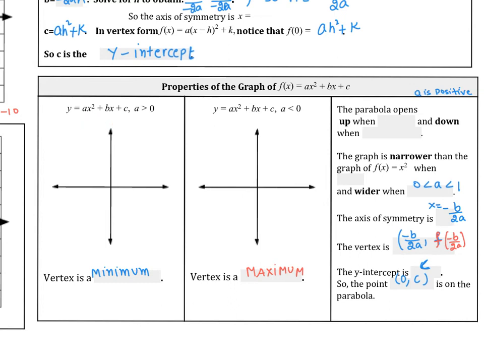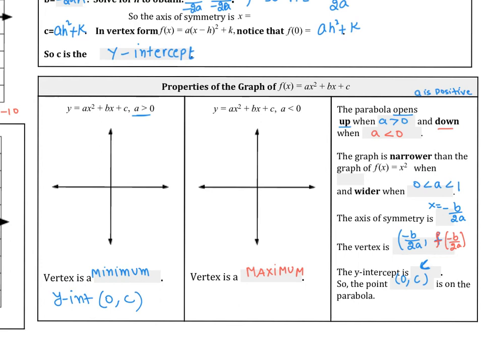If a is positive, the parabola opens up, and if a is negative, it opens down. In this case, we assume that a is greater than 0, so the parabola is going to go up, and the y-intercept in this case is (0, c), so it's always c.